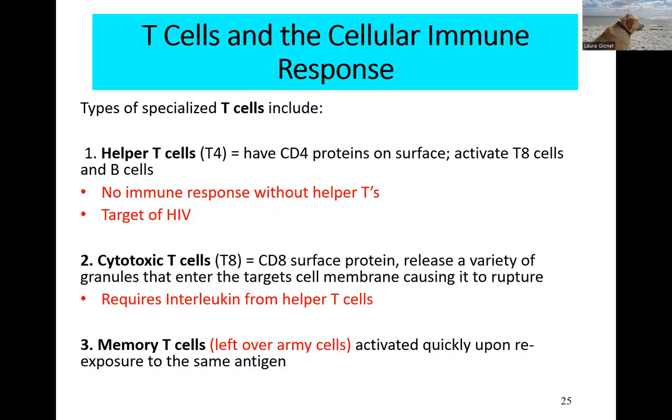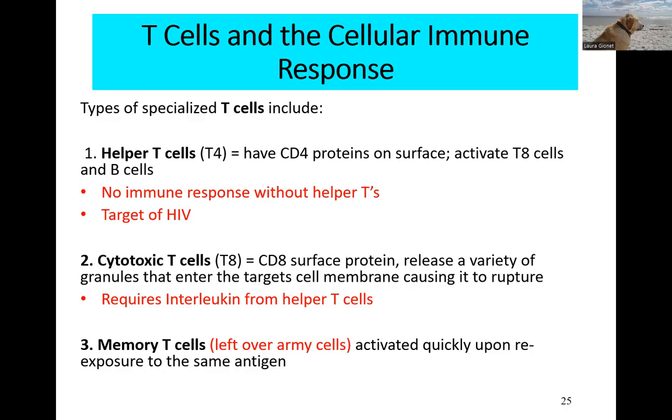Right, so T cells and the cellular immune response. Types of specialized T cells include helper T cells, cytotoxic cells, and memory cells, and it changes every now and then whether they consider another category of T lymphocytes as a fourth cell or not. The last time I believe they went back to a three-cell categorization of the T lymphocytes.